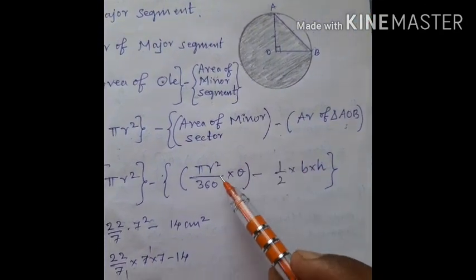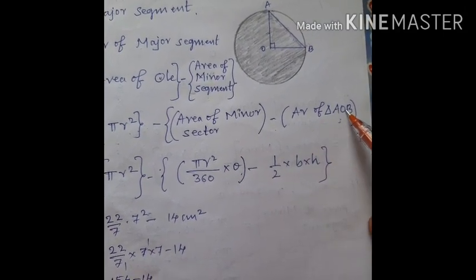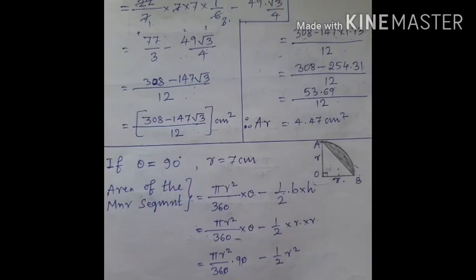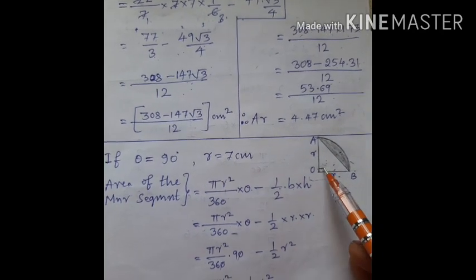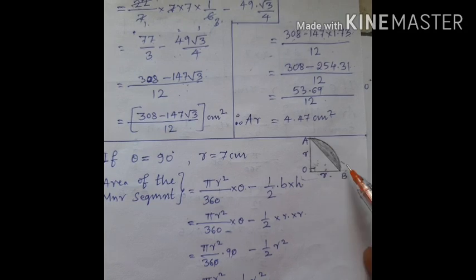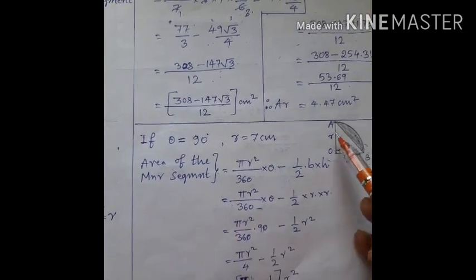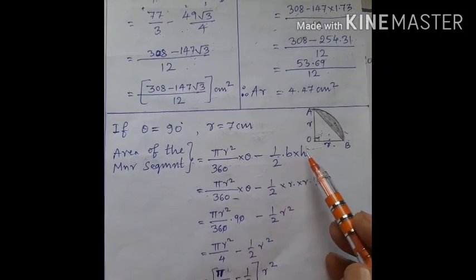Here area of minor sector is πr² by 360 into theta, and area of triangle AOB is half into base into height. Here the central angle is 90 degrees and the radius is 7 centimeters, and I need to find out the area of this segment. So area of this segment is πr² by 360 into theta minus half into base into height.